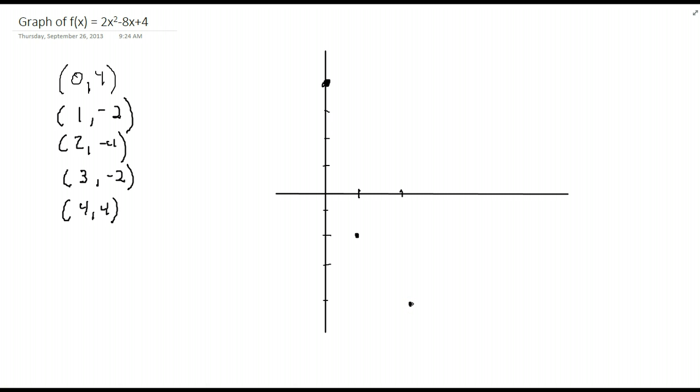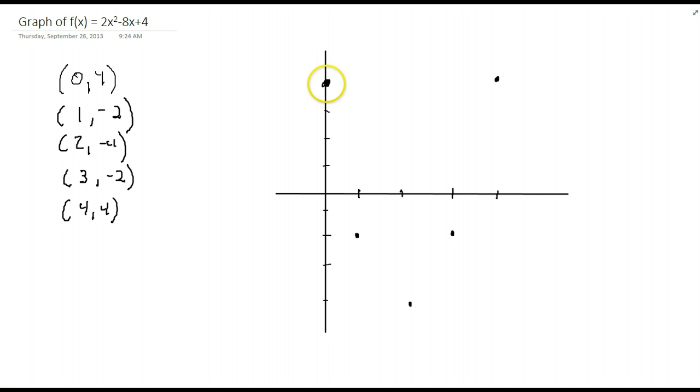Okay, now for our 3, negative 2, right 3, down 2, plot a point. And then we have the last point of 4, 4. So we move right 4 from the origin, up 4.